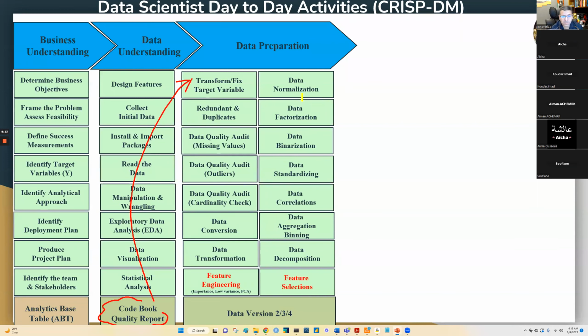And in data preparation, this is where we are going to start working heavily as data scientists. In business understanding, you are still going to be involved as data scientists, but there may be barely any hands-on work, simply maybe theory, collecting information, gathering information, meeting, interviewing people of interest, etc. In data understanding, if you are very lucky, the business will give you data.